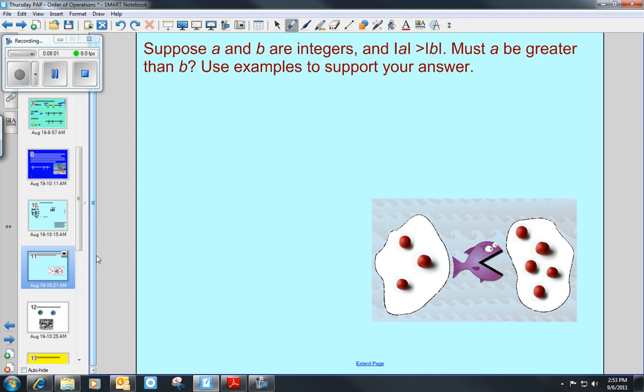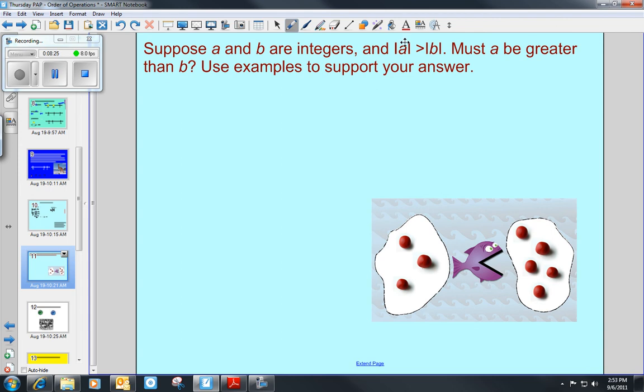We have several word problems that are left here. Suppose a and b are integers and the absolute value of a is greater than the absolute value of b. Must a be greater than b? Now, it's not asking if the absolute value of a must be greater than the absolute value of b.